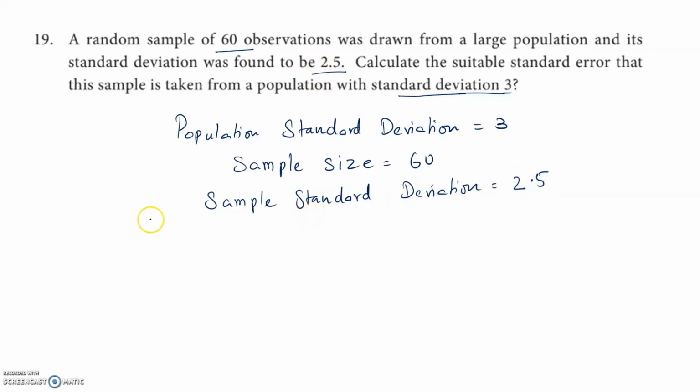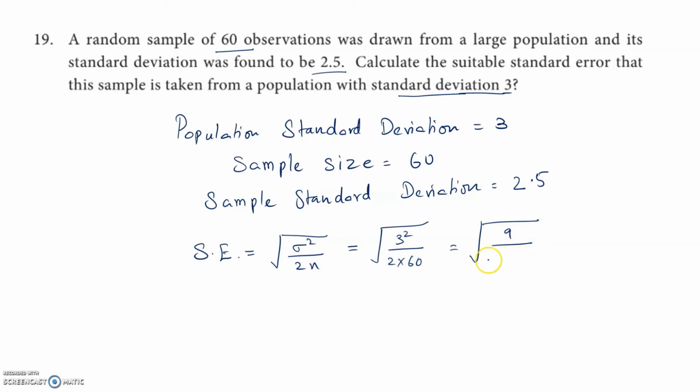Now the standard error of the standard deviation of the sample is given by square root of sigma squared by 2n. And our population sigma is 3. So 3 squared by 2 times our sample size 60. So that's equal to square root of 9 by 120. Further simplifying, you will get 0.2739. So that's the standard error.